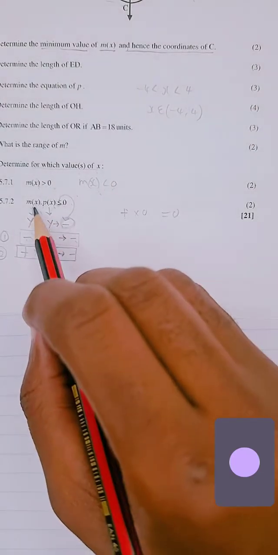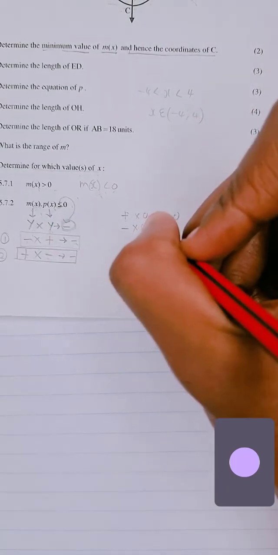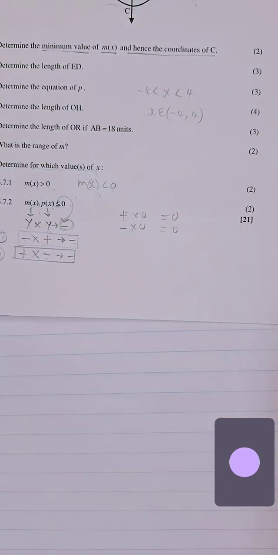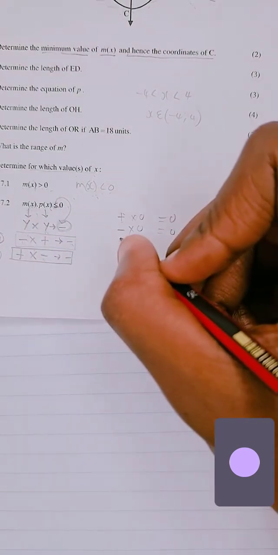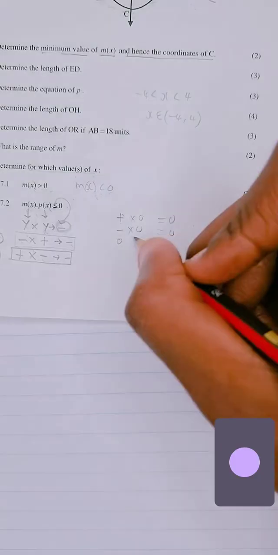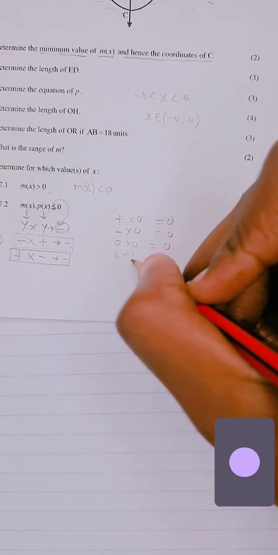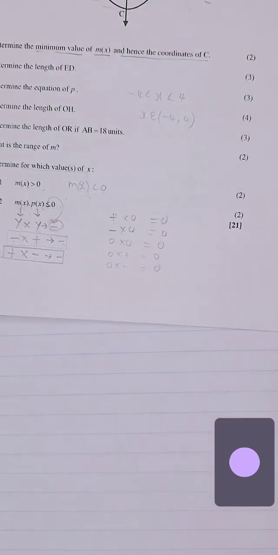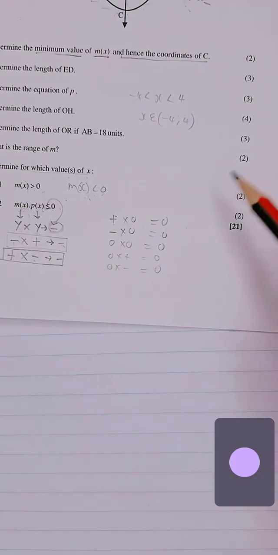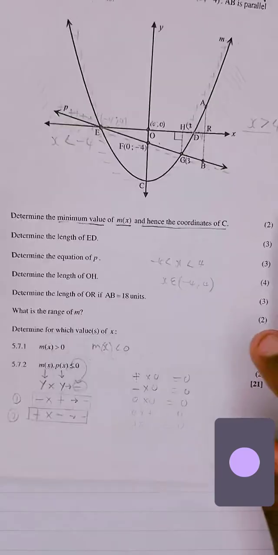Or when y of m of x is negative, and y of p of x is 0, negative times 0 is also 0. Or when y of m of x is 0, and y of p of x is 0, then 0 times 0 also gives us 0, or vice versa, guys. I'm sure you get the point. So we also check where we get 0.